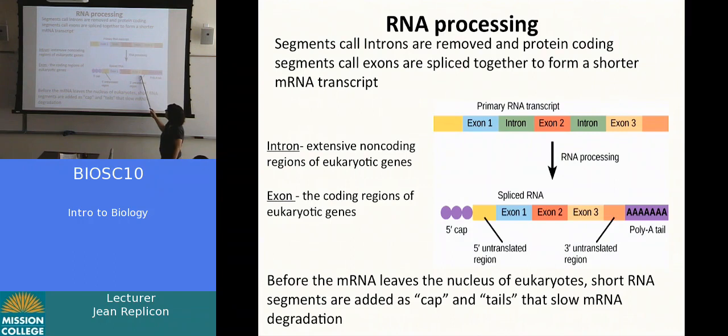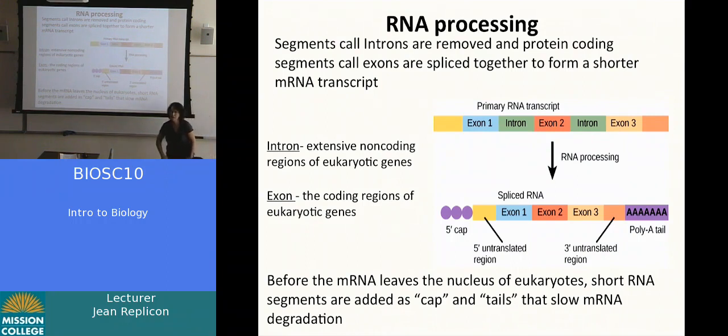And to make it a little more durable when it gets out to the cell, typically there's a little cap made out of RNA nucleotides attached to one end, and then a little tail mainly made out of adenine nucleotides added to the other end to help keep it from being broken down so quickly, from being degraded. So this is what we made with the RNA polymerase. This is what we end up with. So we call that RNA processing.